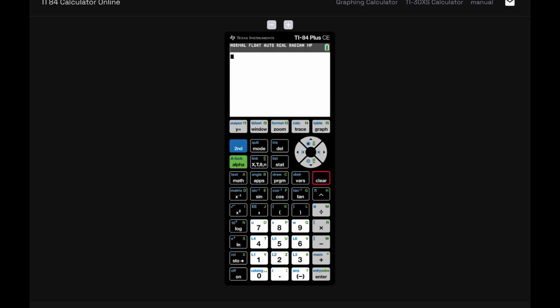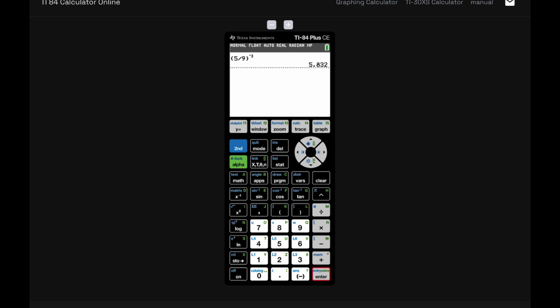Number 3, I'll clear this out. So it shows on our paper that the fraction is in parentheses, so we want to type that out. Parentheses 5 divided by 9. Remember, the fraction bar means division. Close the parentheses, so we have the whole fraction in parentheses. Raised to the power of, and that's a negative 3, not a minus 3 for the calculator, so negative 3. And we'll hit enter.